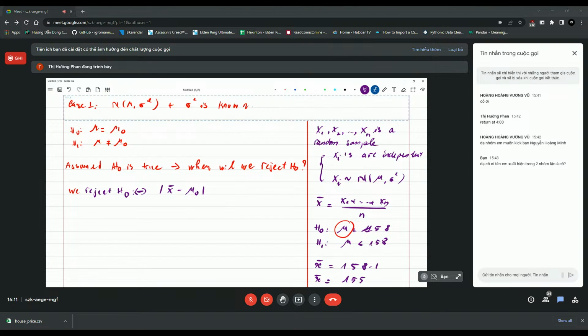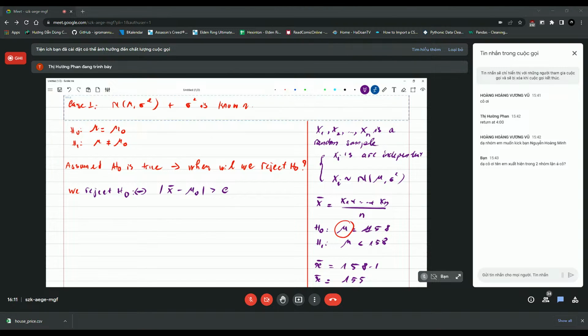Okay, as far as possible, so I write the absolute value of H bar minus mu 0, which indicates the distance between H bar and the constant, greater than the constant C, where C is a possible constant. If C is bigger, it implies that there are much bigger differences between H bar and mu 0, so we have stronger confidence to say that we reject H0.